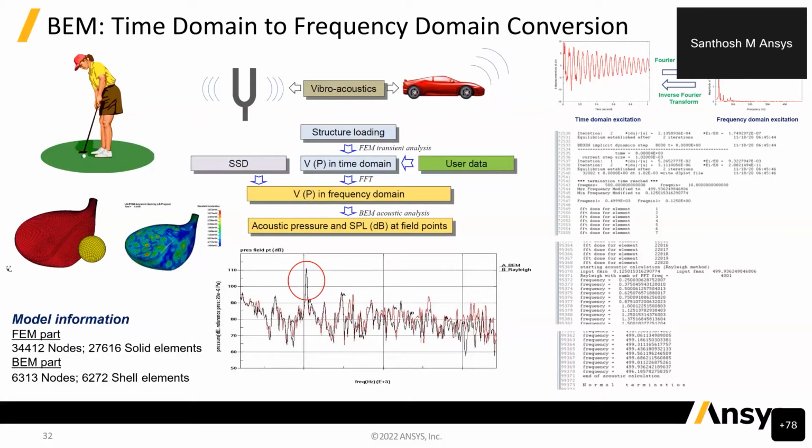Then we can carry out the acoustic analysis in the frequency domain. This velocity information is coming from the structural simulation. It can even come from measurement. If it is measured using some instruments, we can feed it to Ansys LS-DYNA, and we can use the boundary element method to calculate the sound pressure level around the object.